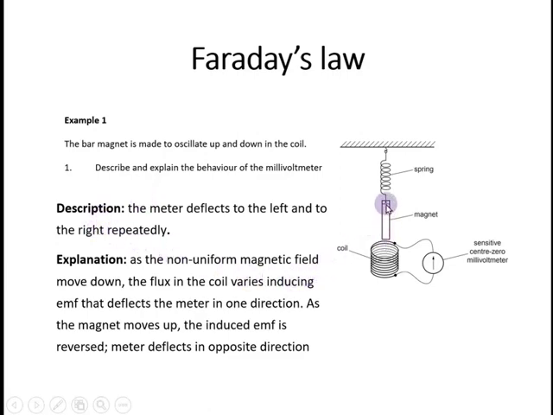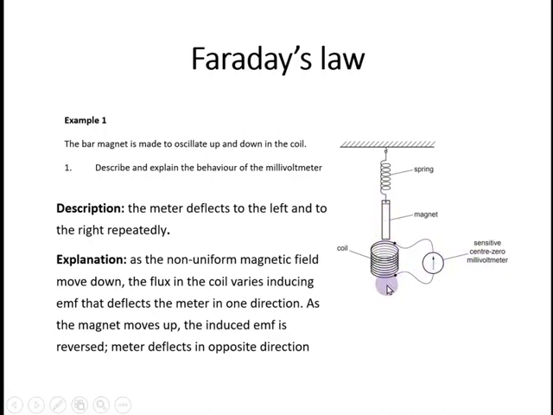If the magnet oscillates up and down, then it is introducing a varying magnetic field into the coil, and that will cause a varying voltage that is induced through the coil, causing the galvanometer or the millivoltmeter to deflect left and right repeatedly as it oscillates.